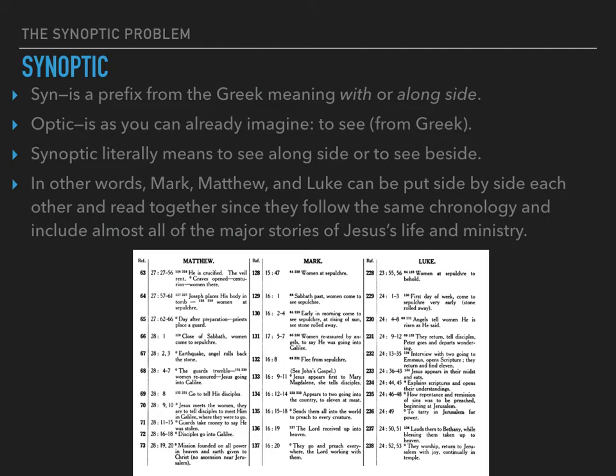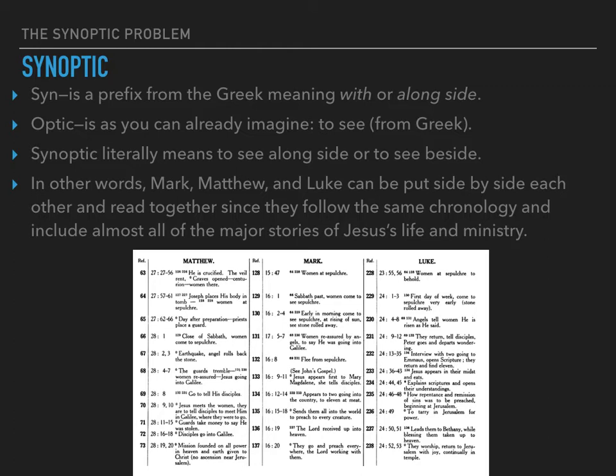Optic is simply to see. That's where we get optic nerve from this word. So synoptic literally means to see alongside or to see beside, putting things right beside each other. So Matthew, Mark, and Luke can be put side by side and then read along together.